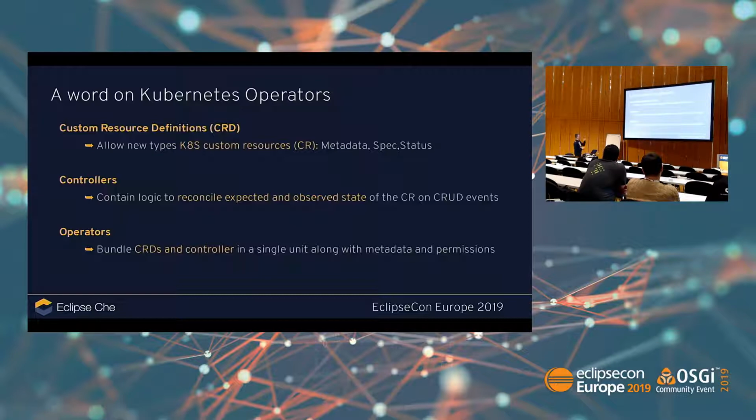Then you have the controllers, which are generally quite small Go applications that run inside Kubernetes and reconcile the expected and observed state of the custom resource. You express what you want, and then the controller makes it happen. Operators lately arrived to bundle those two things into a single unit that can be easily installed.